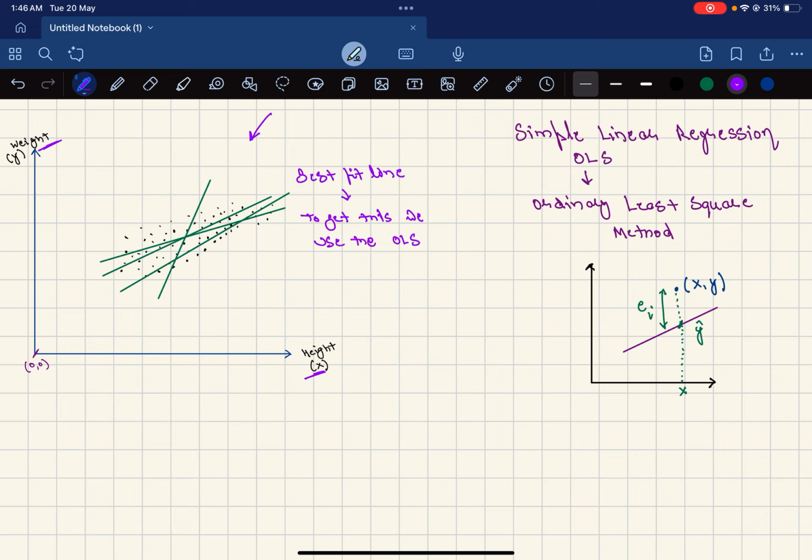By OLS I mean ordinary least square method. What is the meaning of OLS? We minimize the sum of error squared for each point.